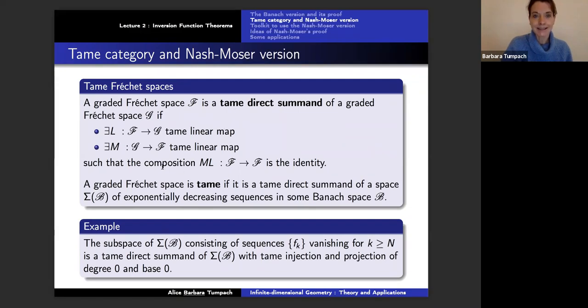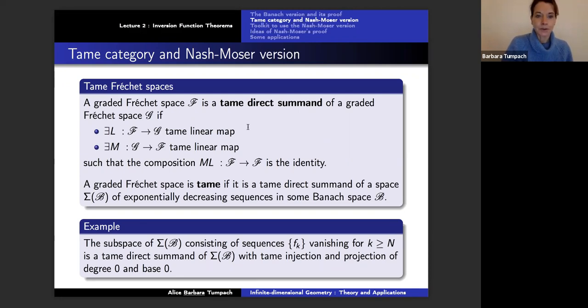I wrote what exactly this means. Tame direct summand means that you have two maps, L and M, an injection and a projection, such that the composition is the identity, ML is the identity.